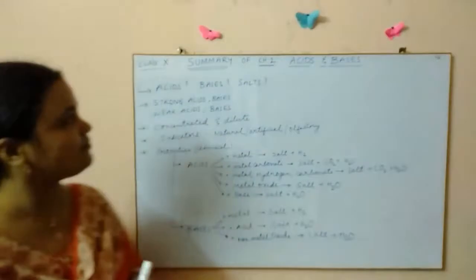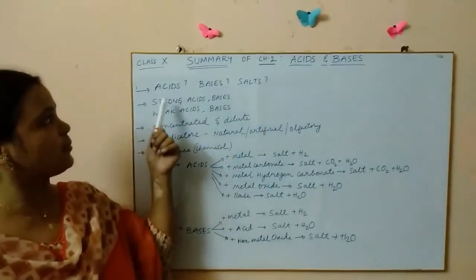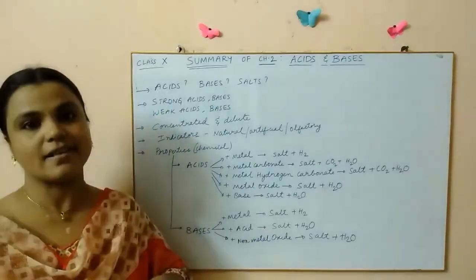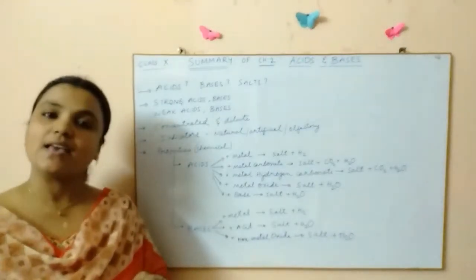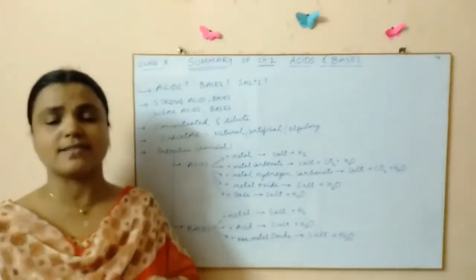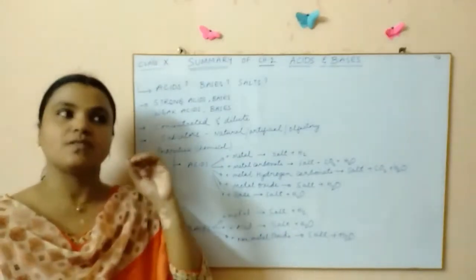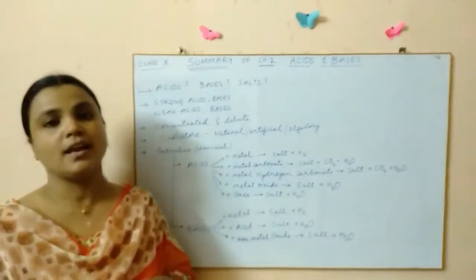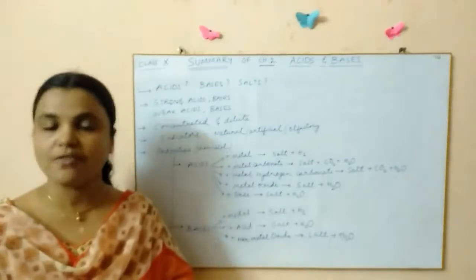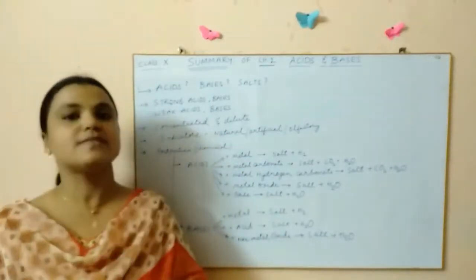Okay, so let us begin with today's first question, which is: what are acids? Simply, if you wish to define acids, these are the substances which are sour to taste and very corrosive and which change the color of blue litmus to red.